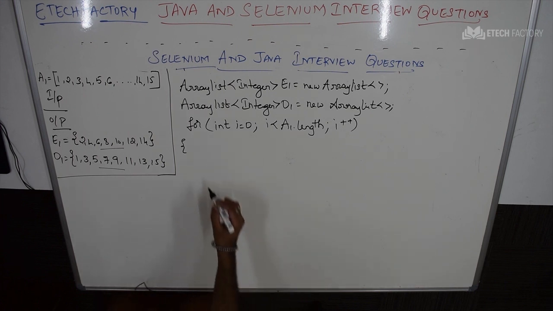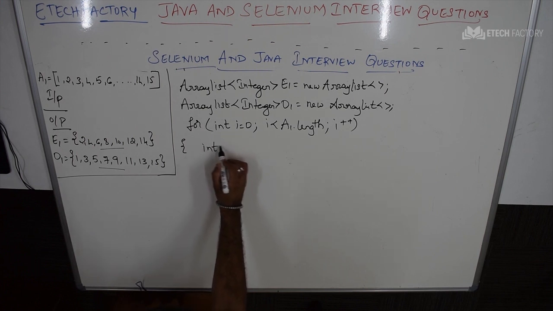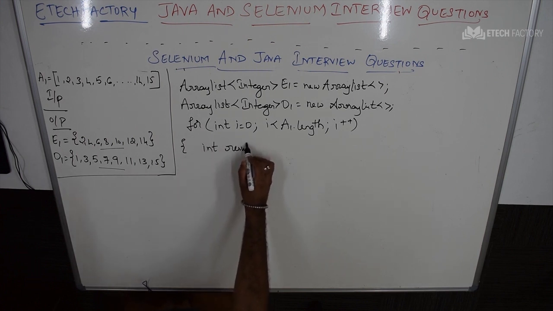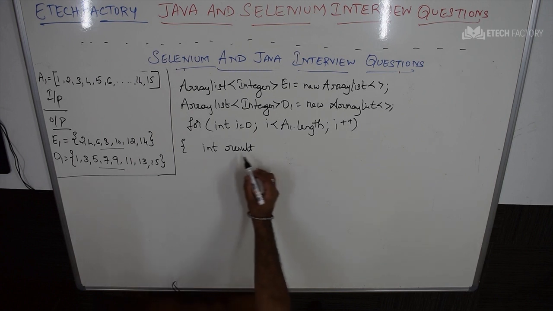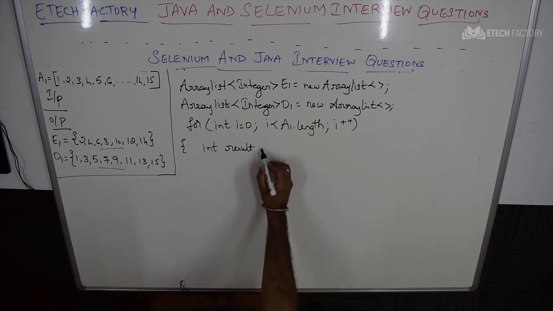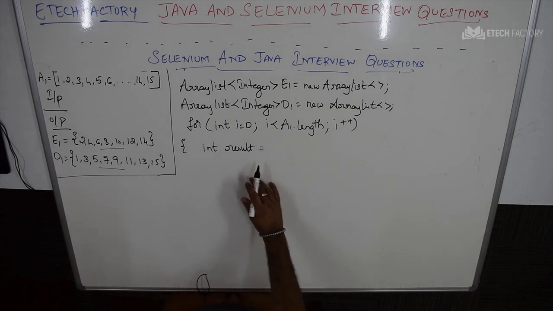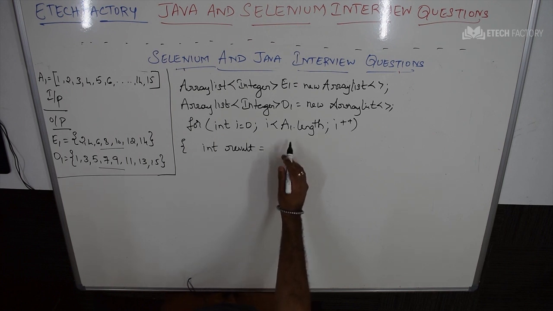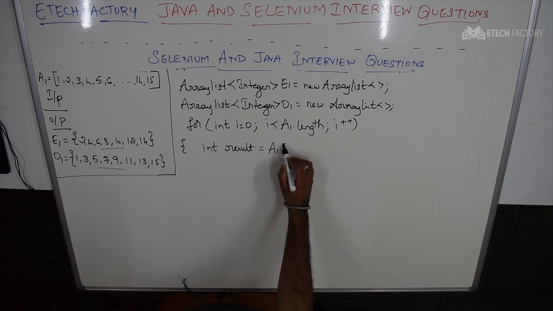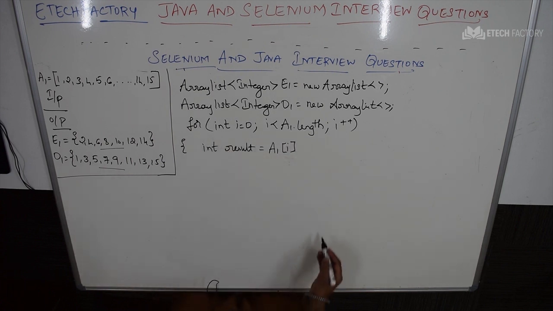So now I'm going to store the result by creating a variable called result, and the type is going to be integer. Here I'm going to take the first number. So for that I'm going to do a1 of i, where i is the index that I have taken here.